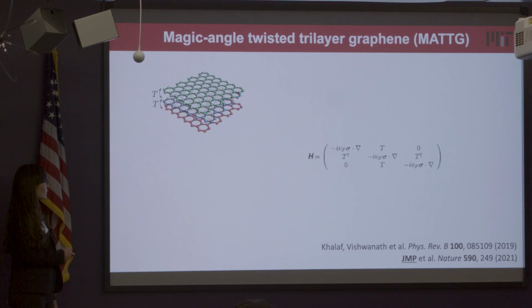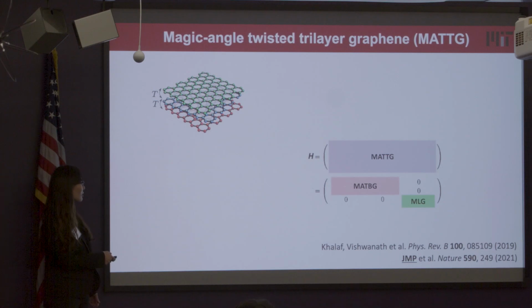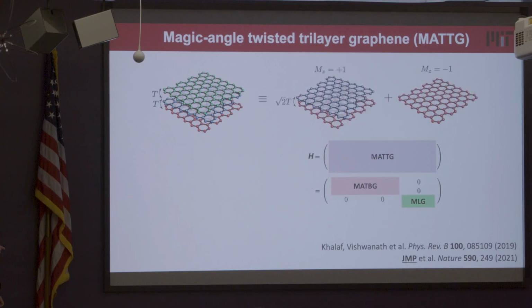It turns out that you can block diagonalize this twisted trilayer graphene Hamiltonian into a form where you have a magic angle twisted bilayer graphene-like block and a separate monolayer graphene-like block. So we can decompose this structure into a twisted bilayer graphene, but with a square root of 2 enhanced interlayer tunneling factor, plus a separate monolayer graphene.